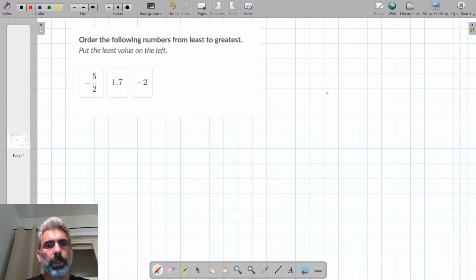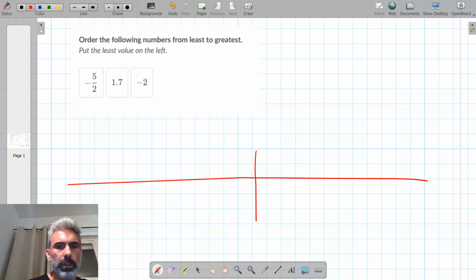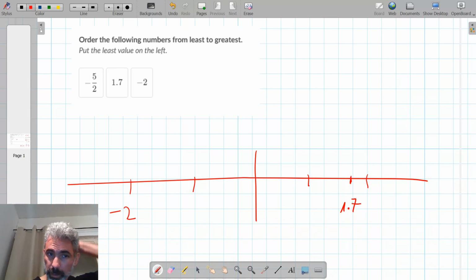Order the following numbers from least to greatest. Put the least value on the left. Okay. So this is 1, this is 2, so minus 2 is here. This is 1, this is 2, so 1.7 is here. So obviously minus 2 is less than 1.7.